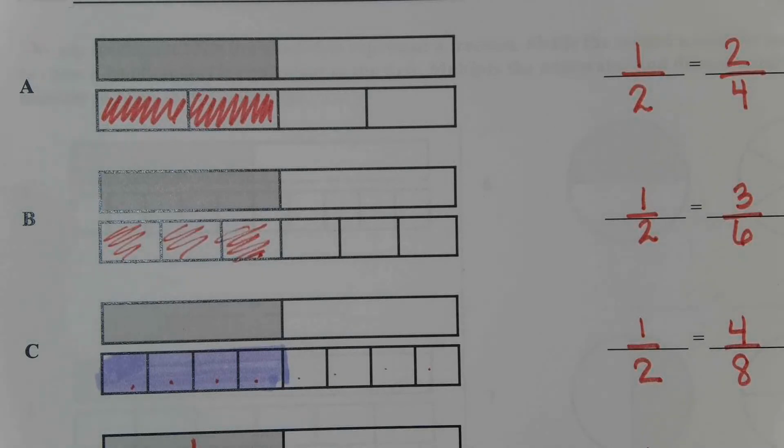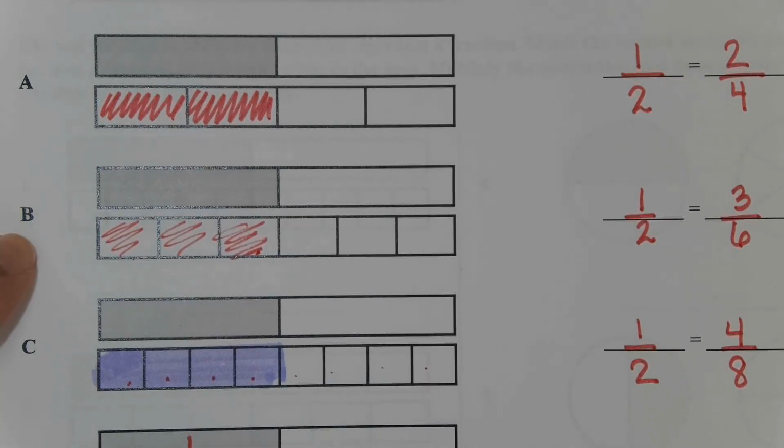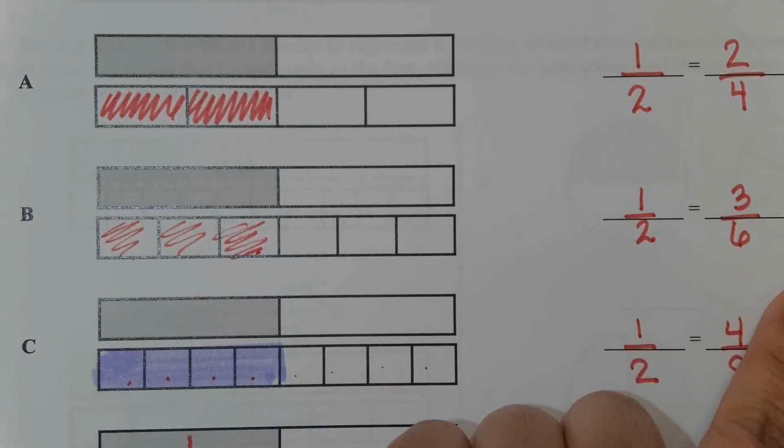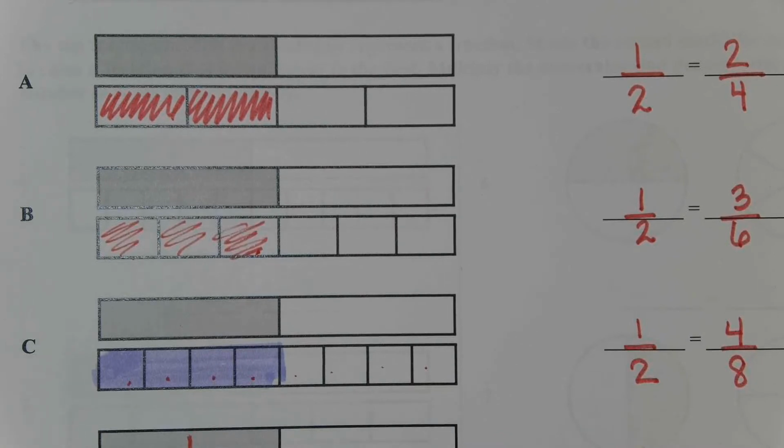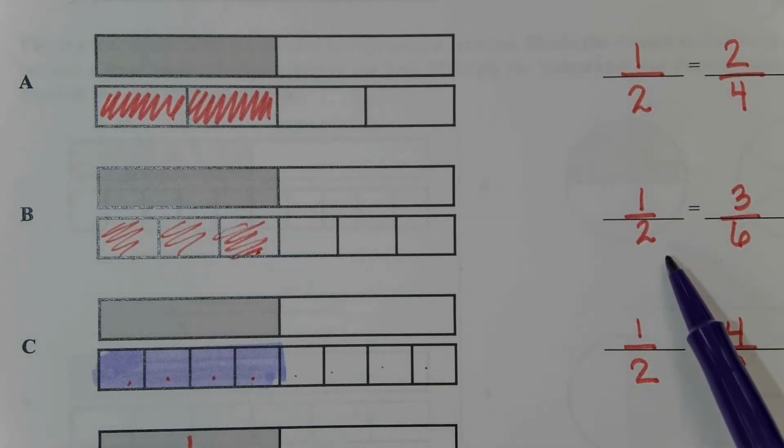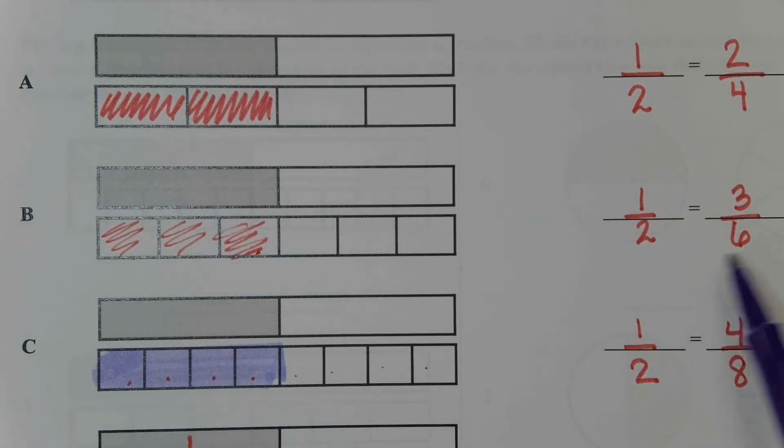Let's look at B on our handout. So how many sixths equal half? 3/6. So we know that half is equivalent to 3/6. So let's look at the denominators of the two fractions.